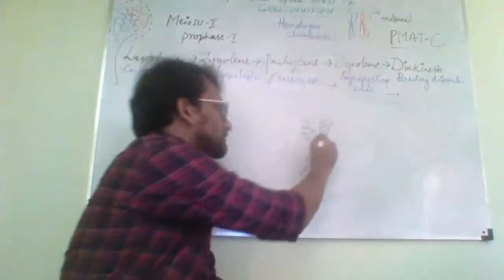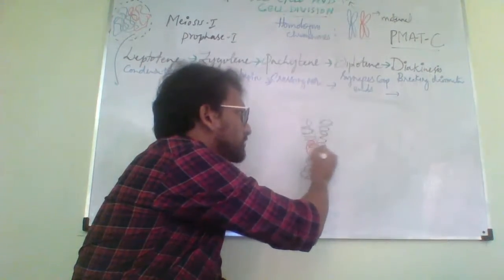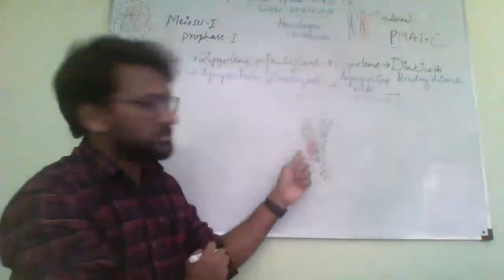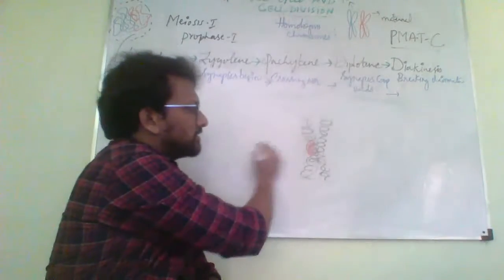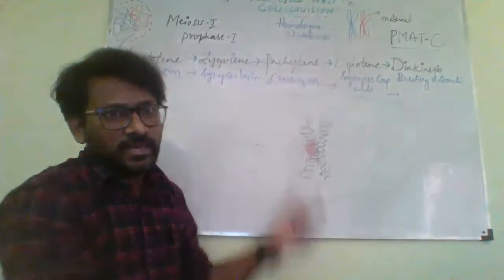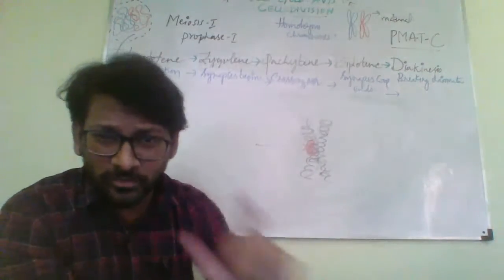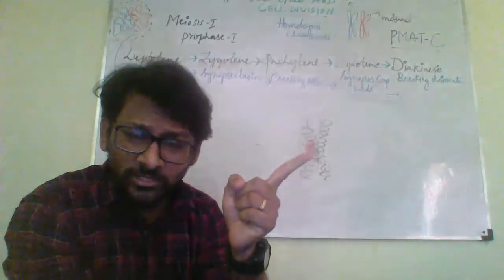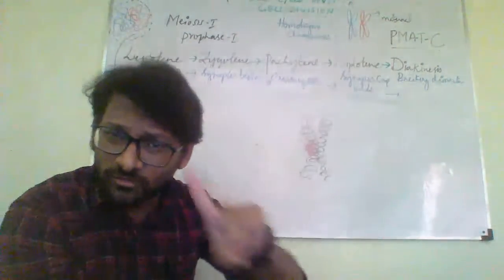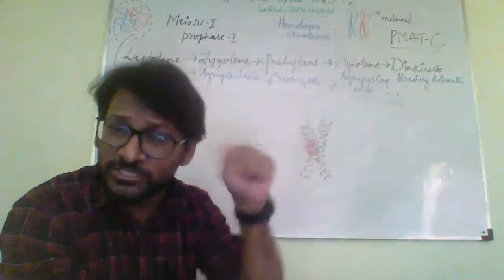a kinetochore, a plate-like structure. I have shown very beautiful diagrams during the lesson also. The kinetochores are plate-like structures where the spindle fibers are attached, and the spindle fibers are microtubules formed from the centrosome centrioles, which are formed during the G1 G2 phase.